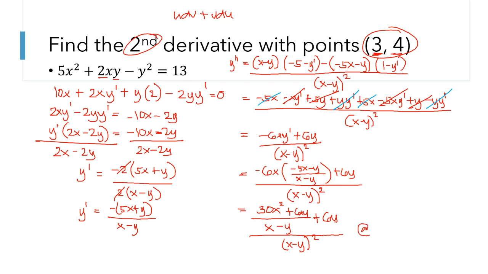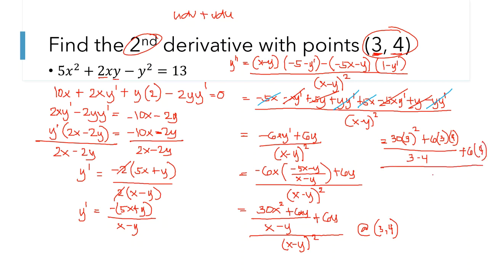We can still further simplify this, but since we have given points, we can already substitute the values of x and y. So that would give us 30 times 3 squared plus 6 times 3 times 4 all over 3 minus 4 plus 6 times 4 all over 3 minus 4 squared.